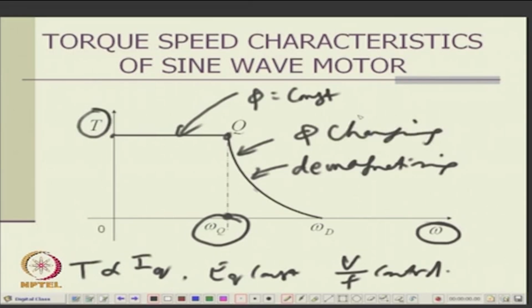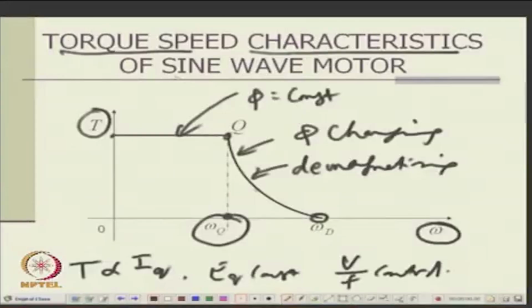So the armature current will be such as to oppose the magnet flux, and you can go up to a certain frequency, beyond which it will not be capable of supplying the torque. Okay. I mean, you may be aware of similar curves even in other machines, induction machines, DC machines, etc. There is a certain range where you maintain the flux constant, current constant, so torque constant. But beyond that, even though the current is constant, it will be demagnetizing. So one will be a constant torque zone, the other will typically be a constant power zone. Okay.